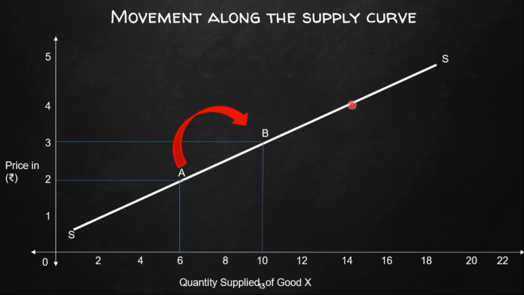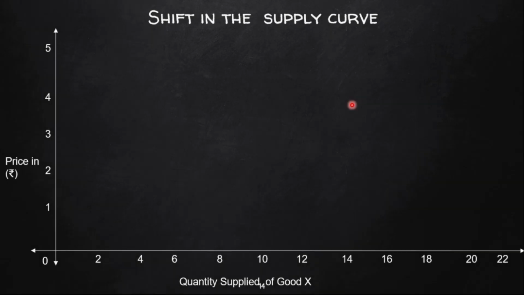Let us try to understand the second concept, that is shift in the supply curve. The shift in the supply curve occurs when there is a change in the non-price determinant and price remains constant. When the price of the commodity remains constant and supply changes due to changes in the non-price determinants, such as changes in the cost of production, the supply curve shifts rightward or leftward depending upon the change in the cost of production.